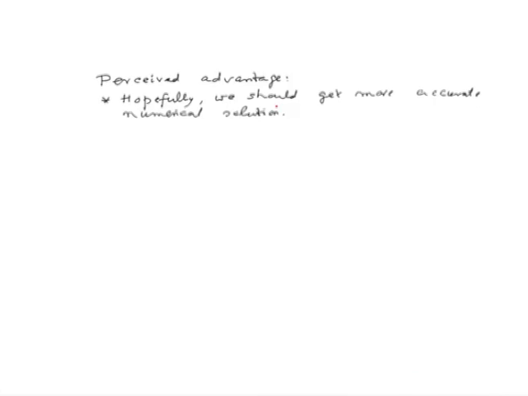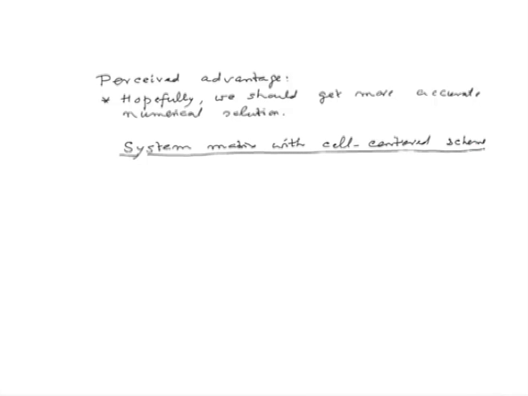So, let us write our system matrix with the cell centered scheme. If you remember, for case 1 there was a change only in the diagonal term, that is AP; AW dropped out.